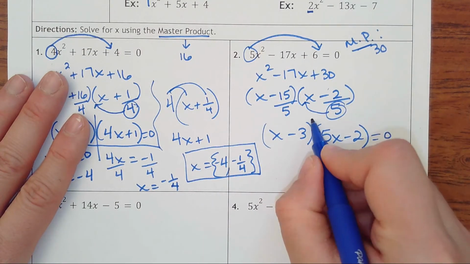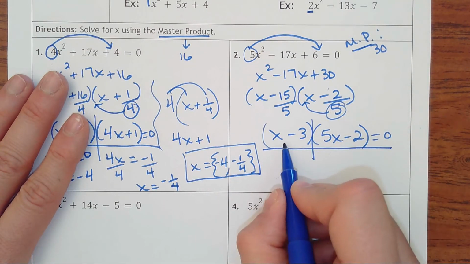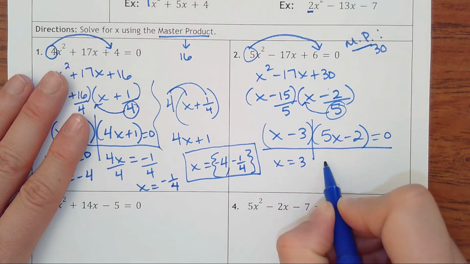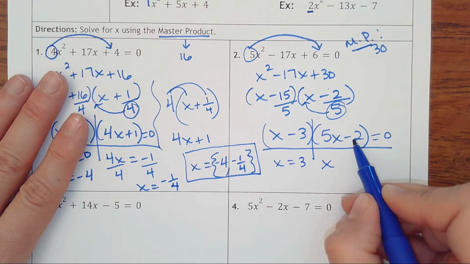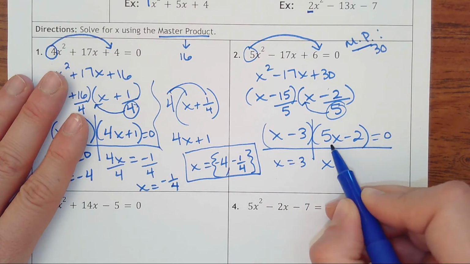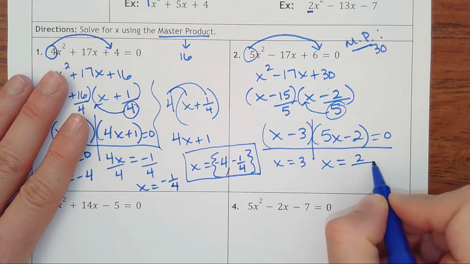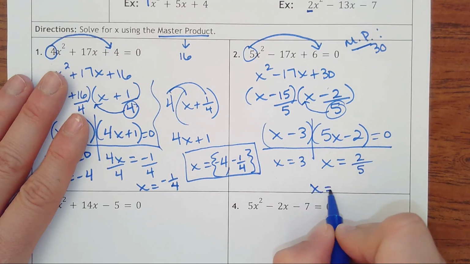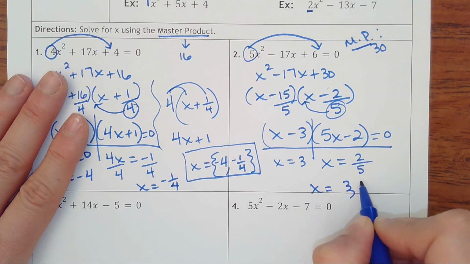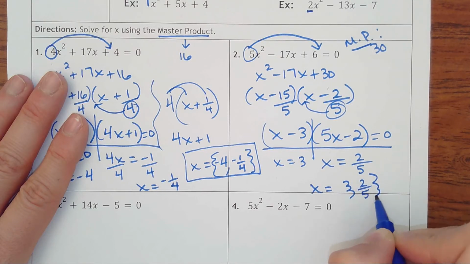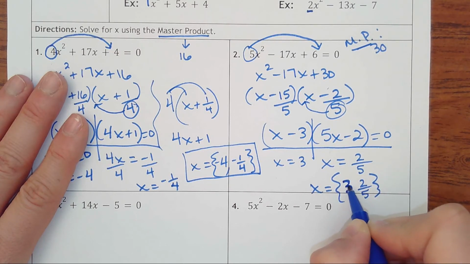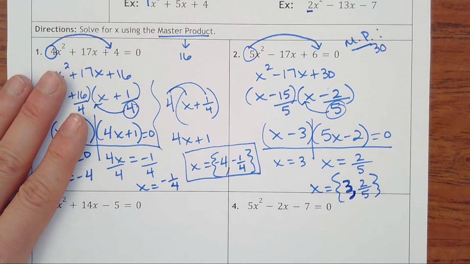Set it all equal to 0. Solve each factor. So this would be x equals 3. I'm hoping you're getting good at these. You would add 2, so it's positive, divided by 5 would be 2/5. Sorry, that kind of looks like a weird number. 3 and 2/5.